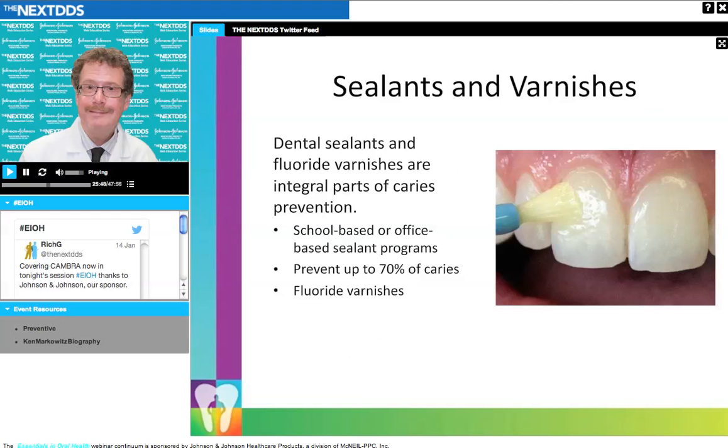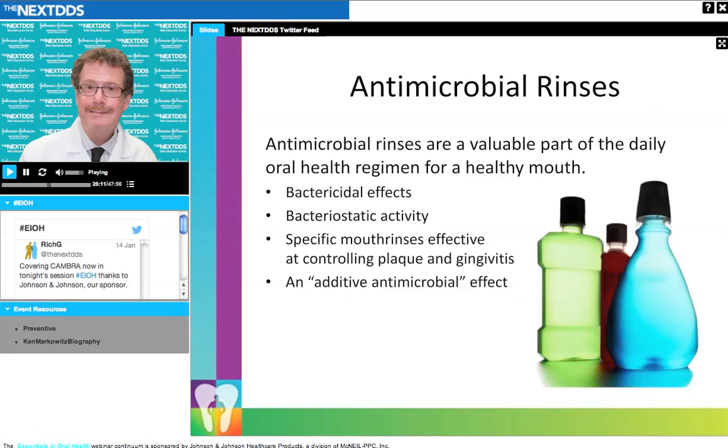So fluoride varnish can transfer quite a bit of fluoride to the tooth surface. So sealants for occlusal surfaces are very effective. For other surfaces, like smooth surfaces, varnishes are quite good. But sealants are really the best and very uniquely effective to prevent occlusal caries.